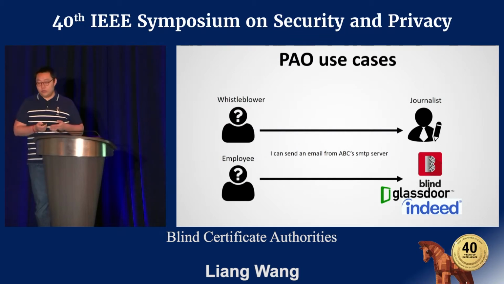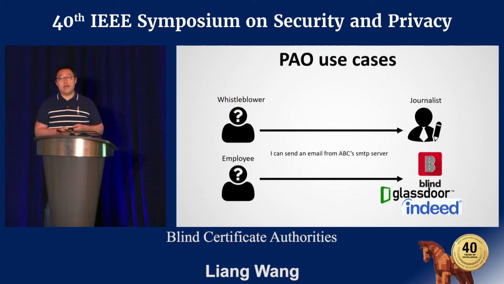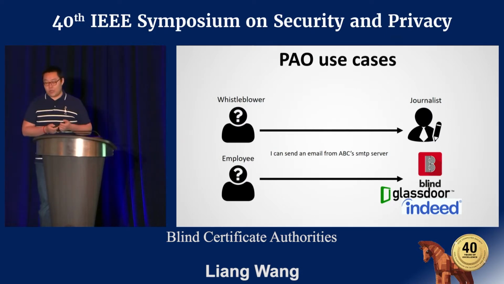Though the CA does not know the exact email account, knowing one owns some account from an organization is already useful. For example, one can prove to a journalist or an anonymous review website or salary sharing website that she is working at a given organization without revealing the actual work email, which greatly improves privacy.